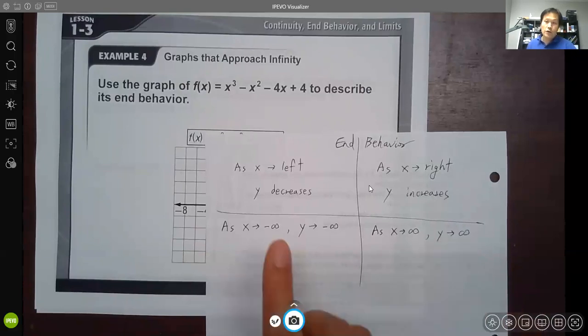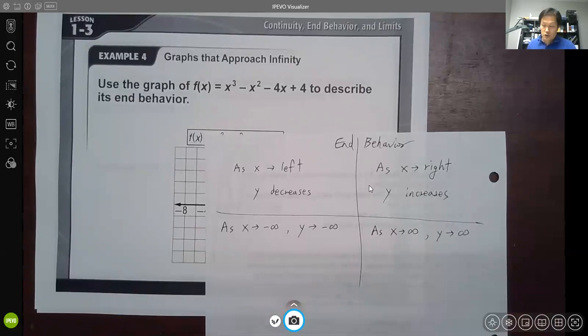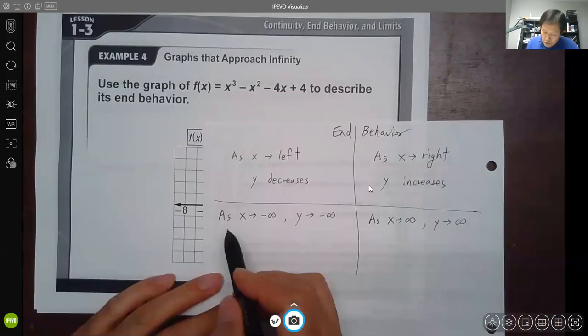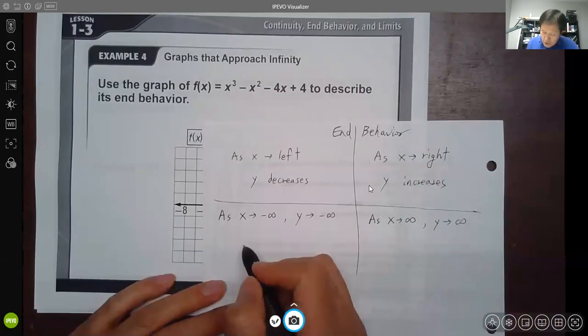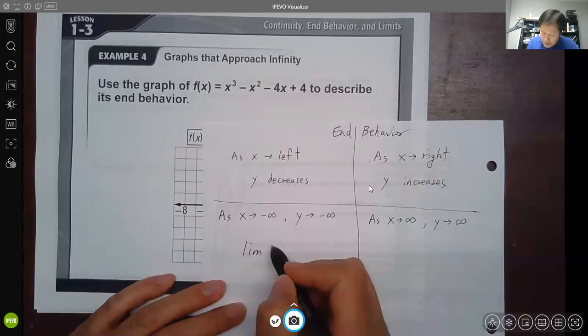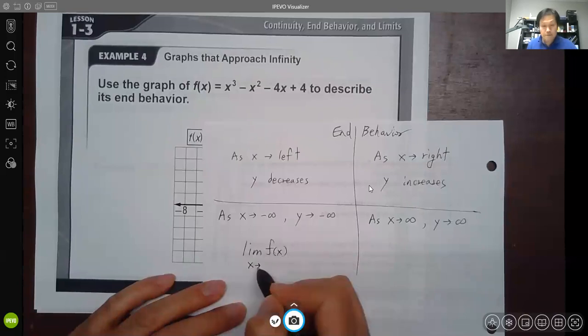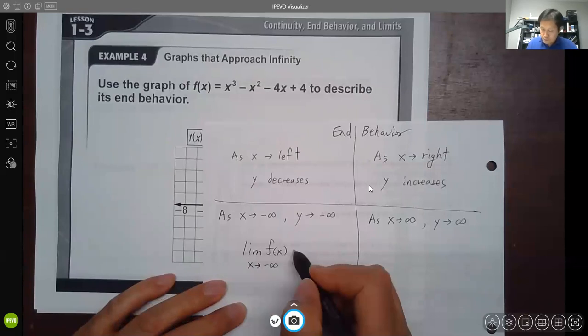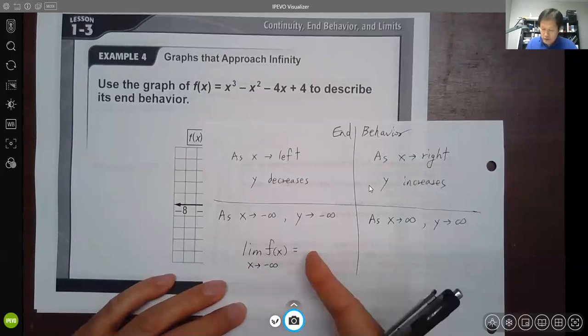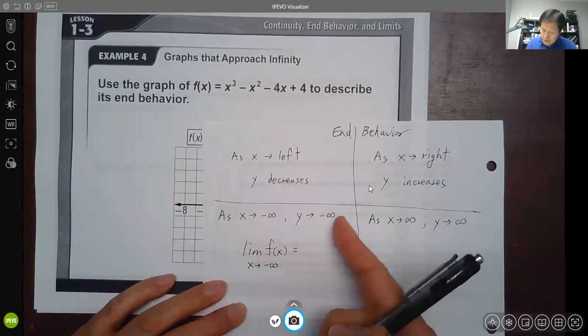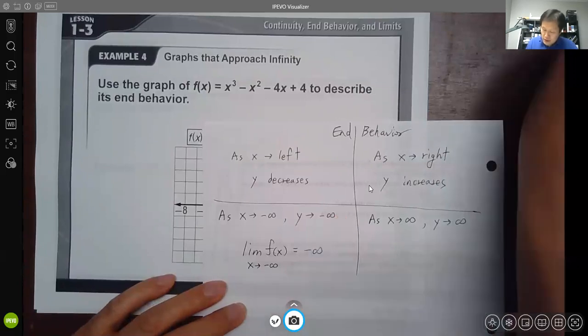Okay, in pre-calculus, you are using limit notation. So this is how you write it: the limit of f of x as x approaches minus infinity equals whatever the y does, which is minus infinity. So this answer goes here.